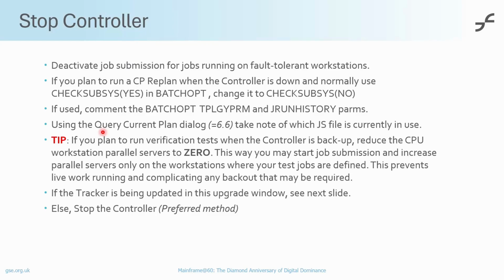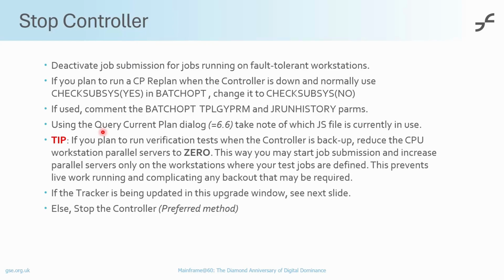If you plan to run verification test when the controller is back up, you can reduce any CPU workstation parallel servers to 0. So once you start up the controller, the job submission can be active or deactive. It doesn't matter because no job will run because the parallel servers are set to 0.